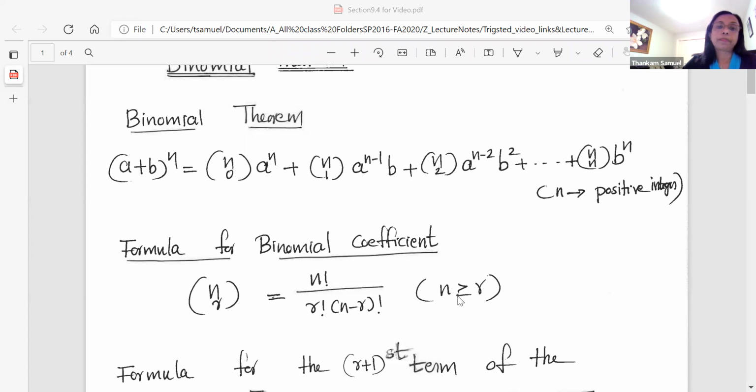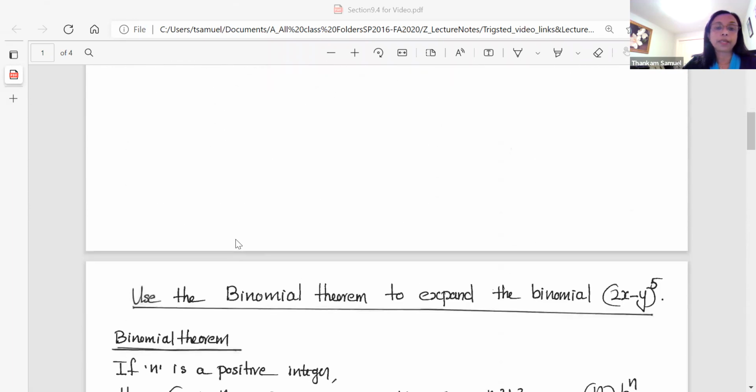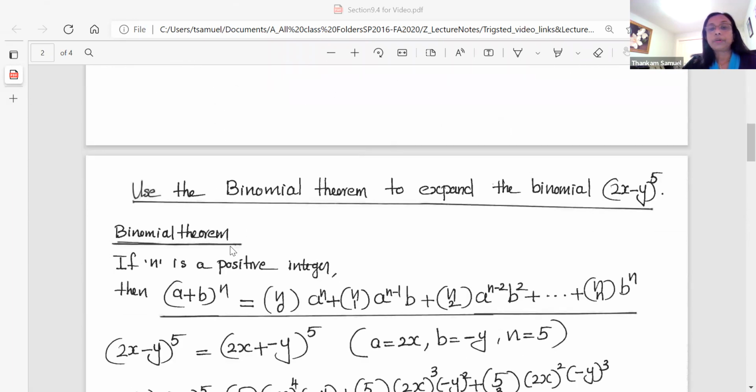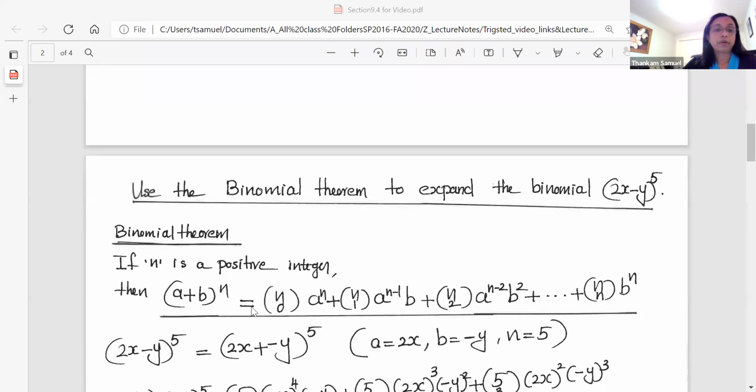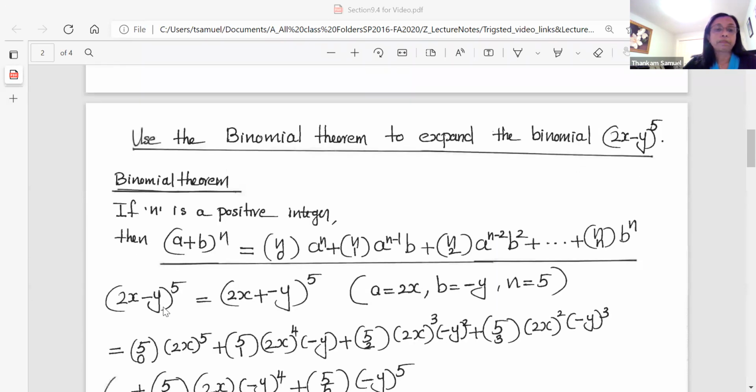So let's expand a binomial using the binomial theorem. Use the binomial theorem to expand the binomial (2x minus y) to the 5th power. We have already seen the binomial theorem, and let's look at our question.